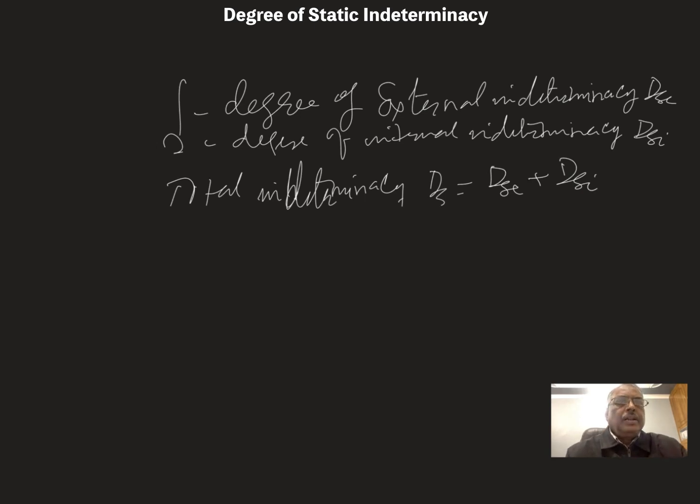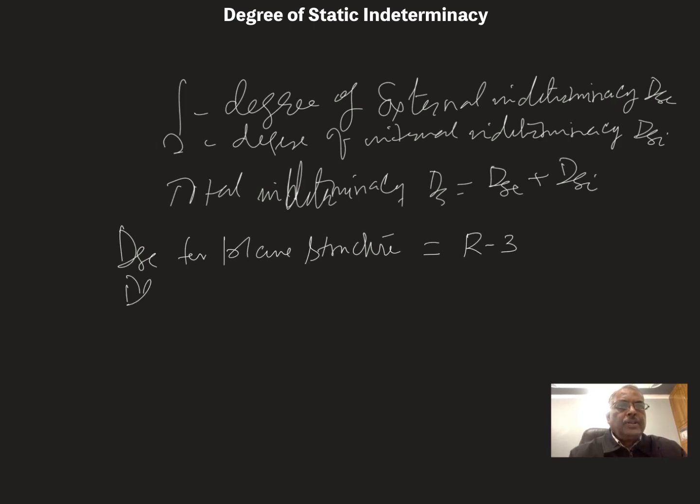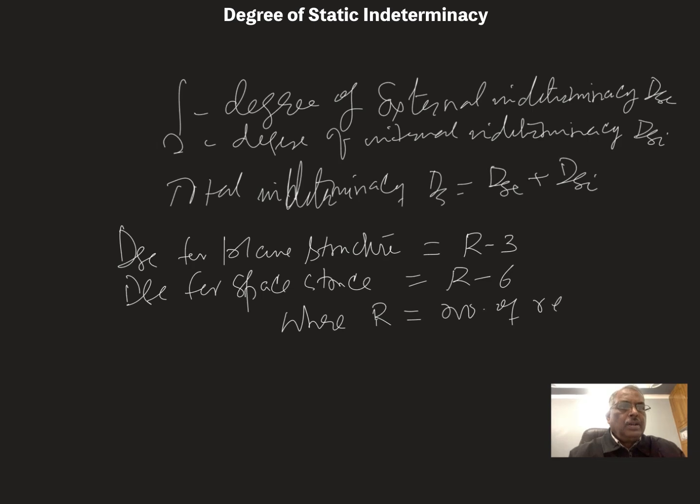So DSE for plane structures is equal to R minus 3, and DSE for space structures will be R minus 6, where R is the number of reactions.